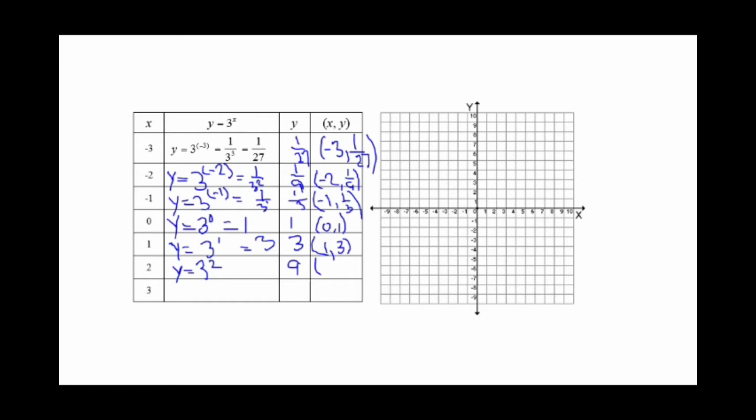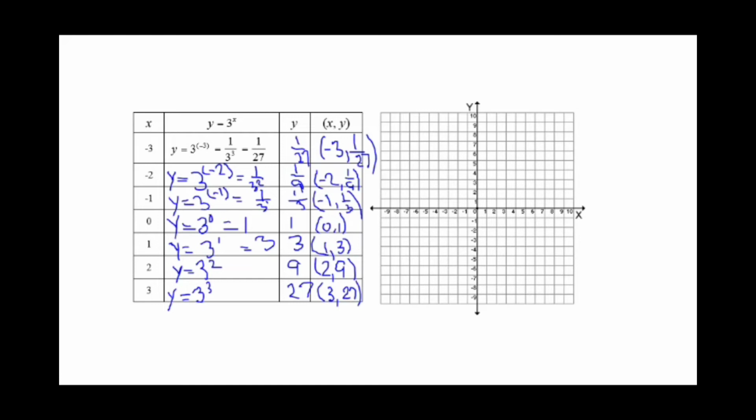So I have 2 and 9. And then lastly, we have an input of 3. So I have y equal to 3 to the third. 3 times 3 is 9, times 3 is 27. So I have 3 and 27. So those are my points.